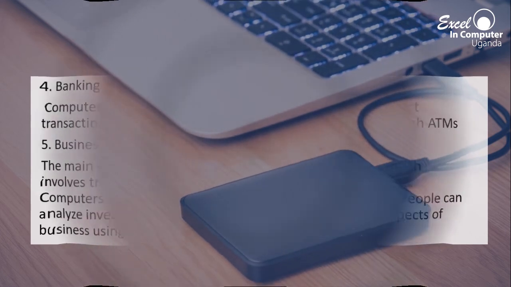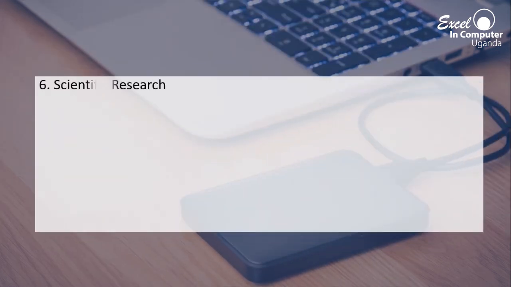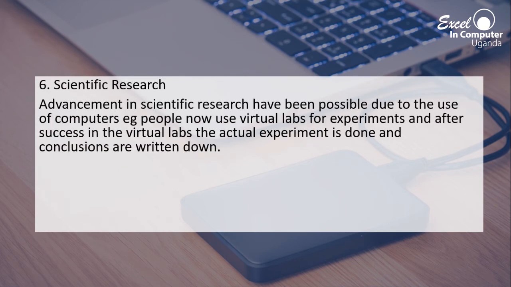So after I've looked at that, scientific research. Advancement in scientific research has been possible due to the use of computers. E.g., people nowadays use virtual labs for experiments. Then after success in the virtual labs, they do the actual experiment, and conclusions are written down.